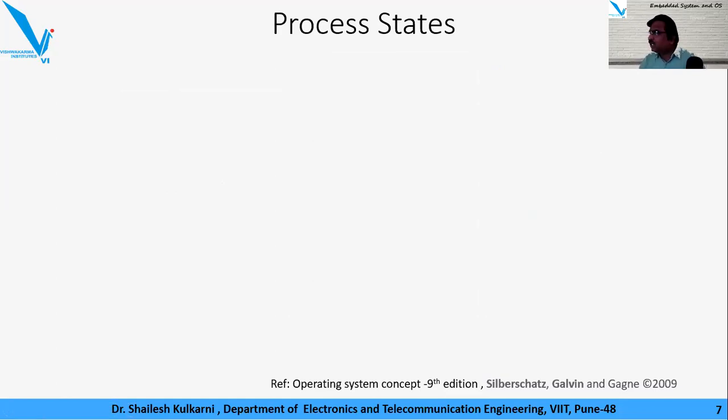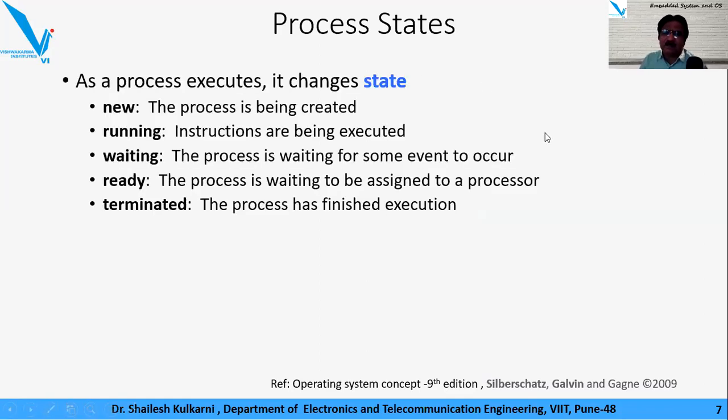A process can have different states. You can have a state called new, when the process is being created. You can have running, when instructions are being executed. You can have waiting, where the process is waiting for some event to occur.